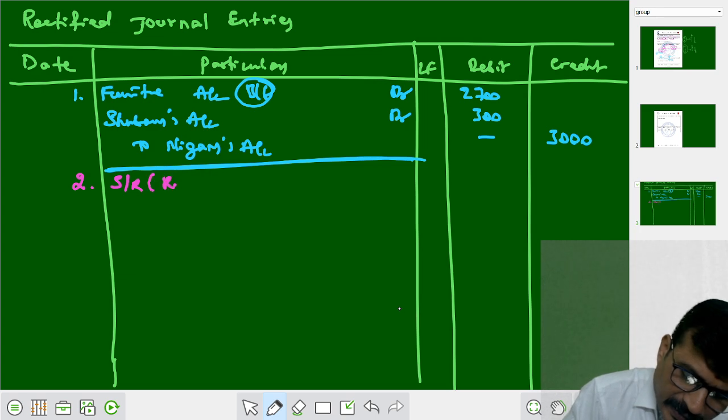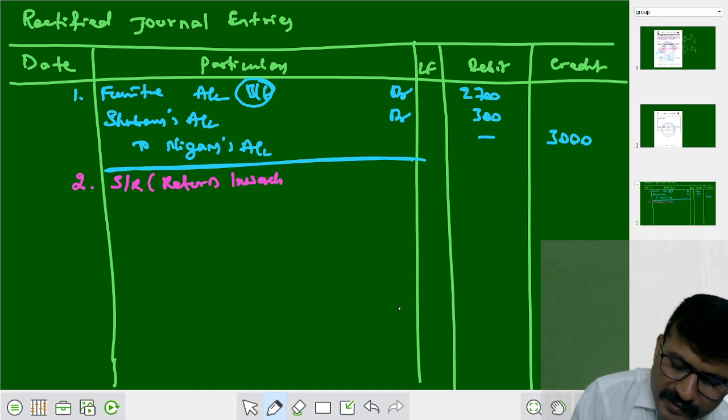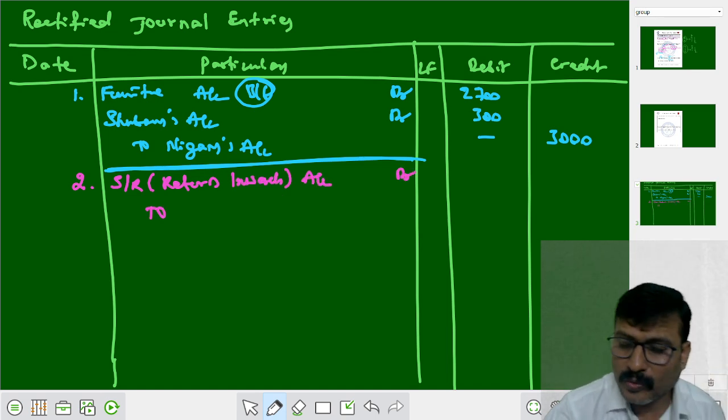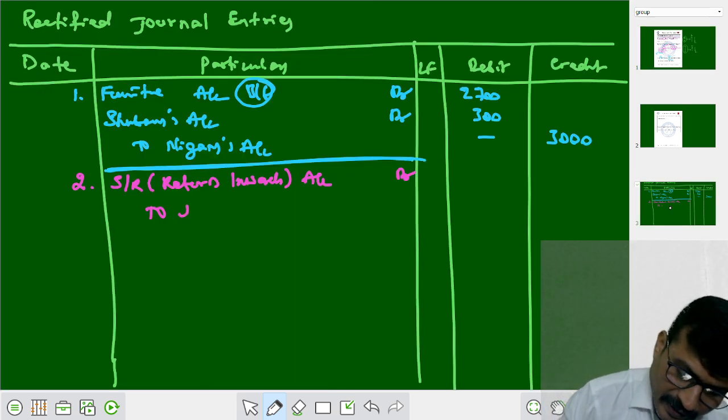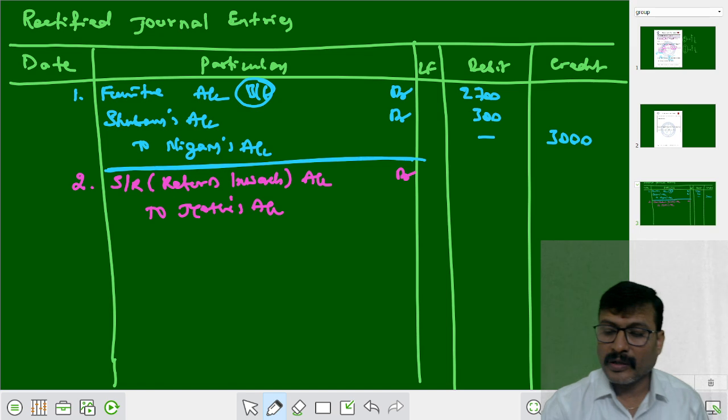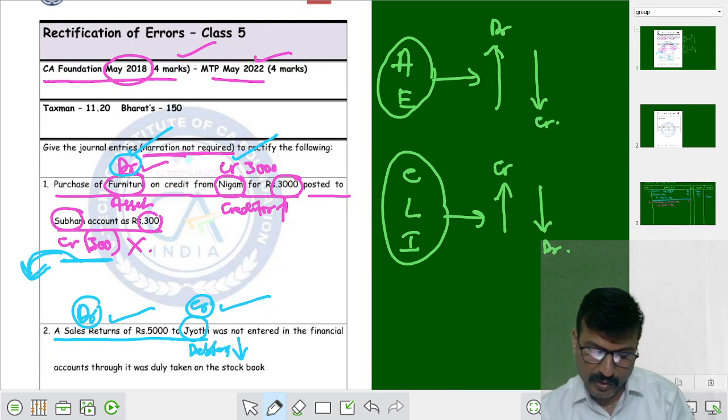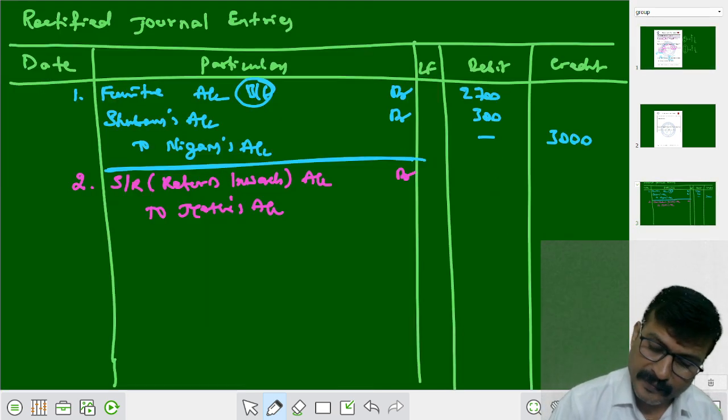Sales returns means return inwards account debit to, from whom the goods are returned? From Jyoti. Jyoti is a debtor. Jyoti's account. How much goods are returned by Jyoti? 5000 rupees.